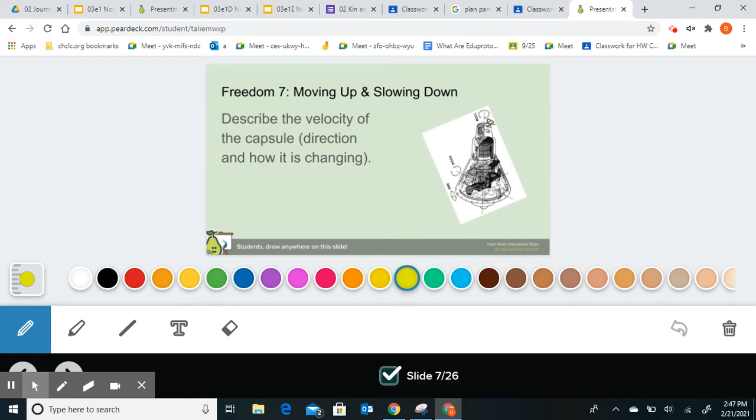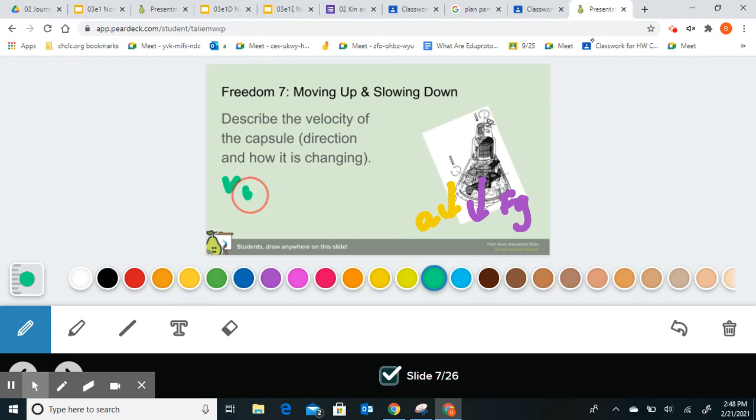Now it says describe the velocity of the capsule, direction, and how it's changing. All right, so again, we know we've got force due to gravity pulling down. We know our acceleration is directed down, but we know it was speeding up until it got to its highest speed right before the engines turned off, and that's our initial velocity for phase 1.